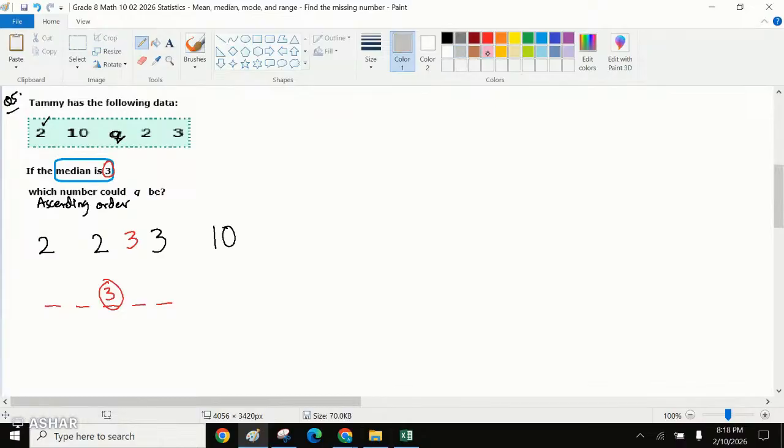That means when we cancel out the numbers, this is cancelled with this is cancelled with this, the median comes out to be 3, right? Do we agree on this? So we can say that if Q was considered as 3, the median is still 3, right?